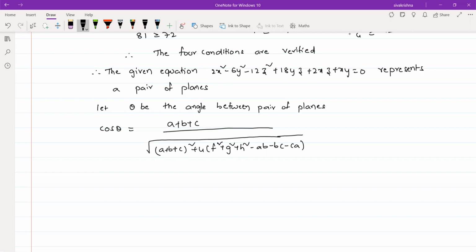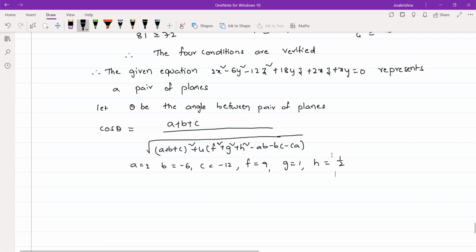Once again I'm going to write the values of a, b, c. Here a is equal to 2, b is equal to minus 6, c is equal to minus 12, f is equal to 9, g is equal to 1, and h is equal to 1 by 2.